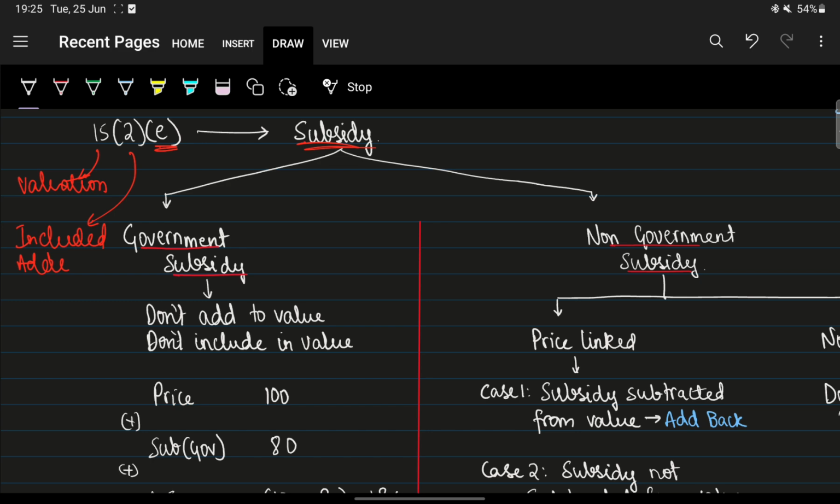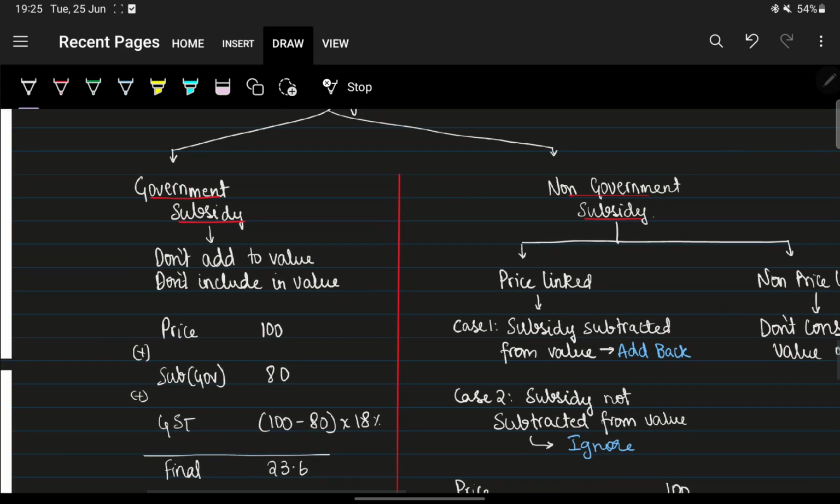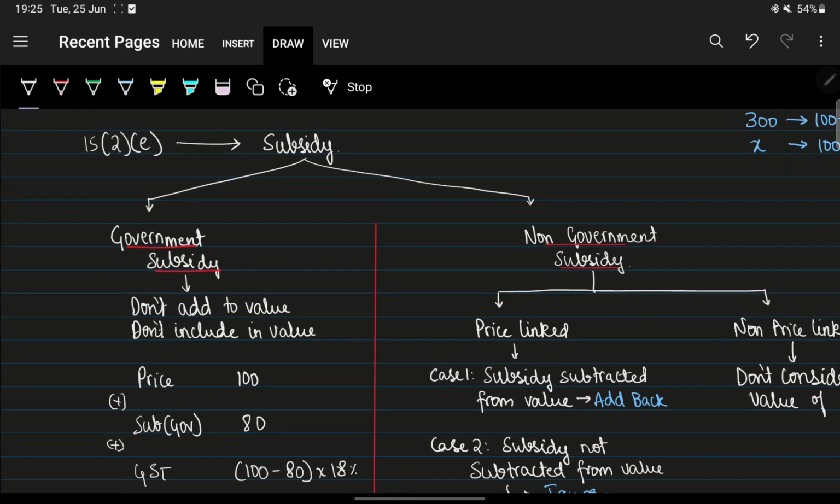Now subsidy can be of 2 parts. Either it can be a government subsidy or a non-government subsidy. If it is a government subsidy, GST has no problem. You can reduce it, no problem whatsoever. Suppose your price is 100 rupees and government is giving a subsidy of 80 rupees, then your value of supply will be considered as 20 rupees itself.